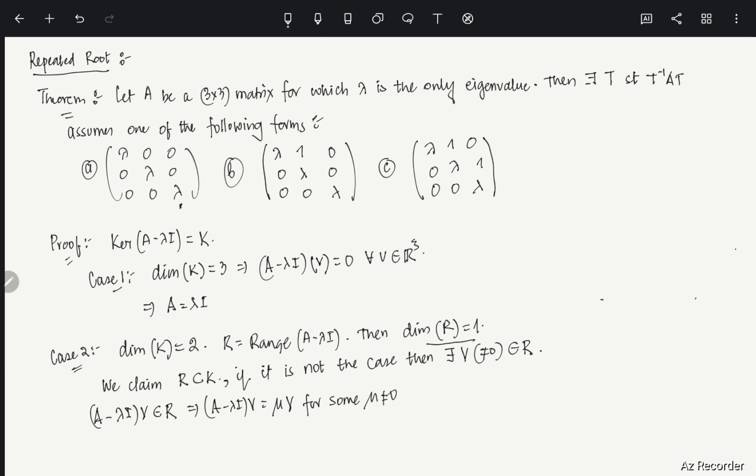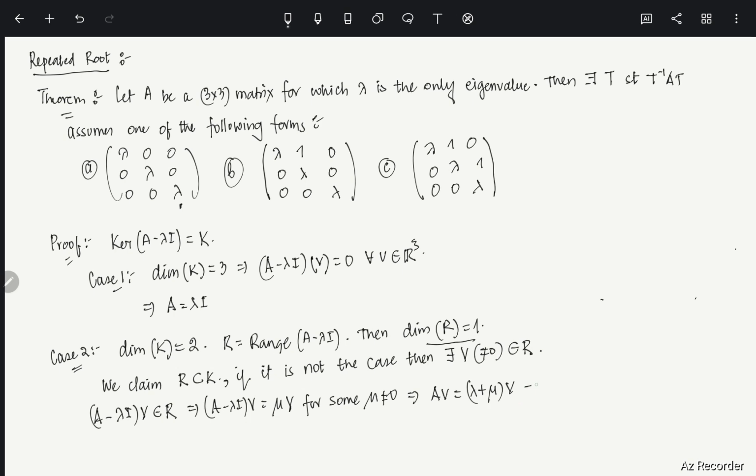Clear? Now if that happens, then AV will look like what? Lambda plus mu times V. And this is nothing but the eigenvalue problem. So we found a new eigenvalue, which is given by lambda plus mu.